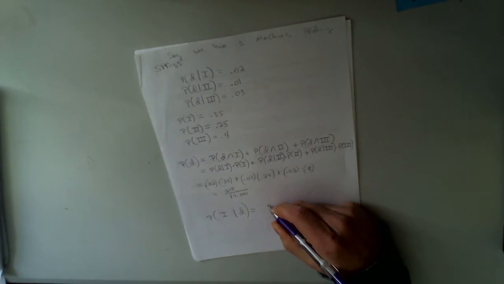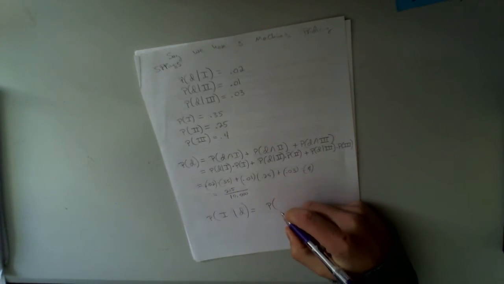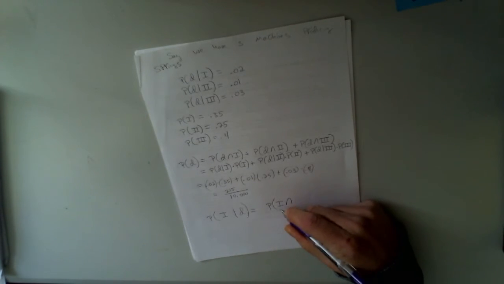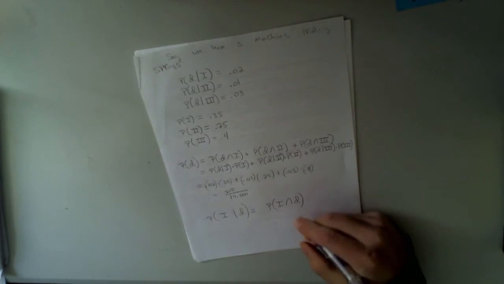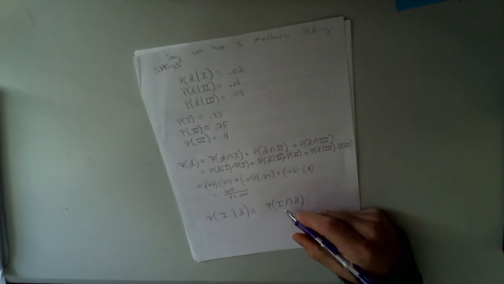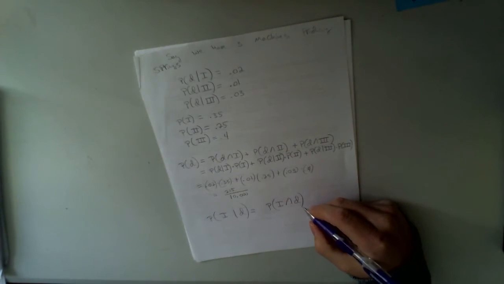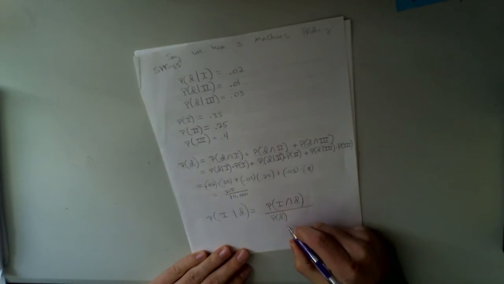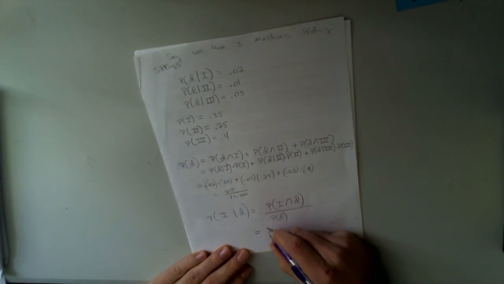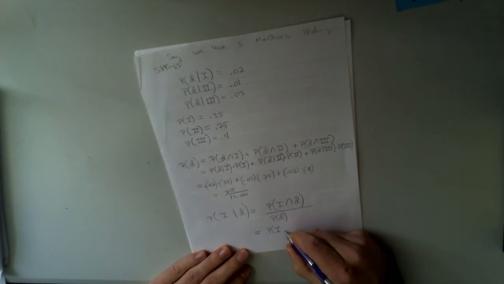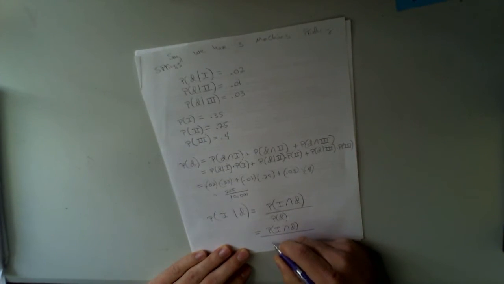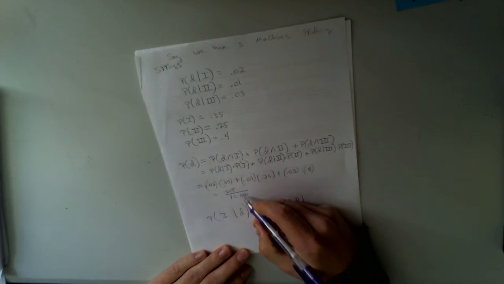By Bayes' theorem, it is equal to the probability of having a spring from machine 1 and it's defective, which is the same thing as the probability that it's defective and it's from 1, divided by the probability that it's defective, which is simply equal to this sum down here that we found up here.